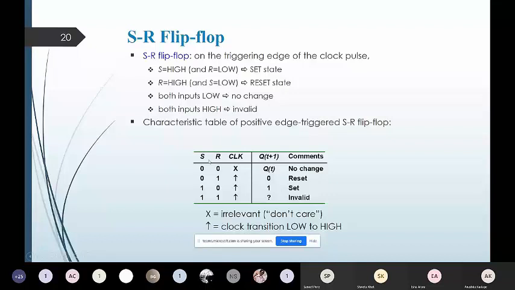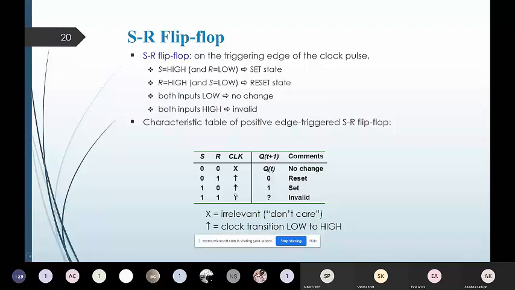If you observe this characteristic table on the slide, it has been given for a positive edge-triggered SR flip-flop. That's why, in the clock column, I have shown the upgoing arrow. The upgoing arrow indicates that the clock is a positive edge-triggered clock.